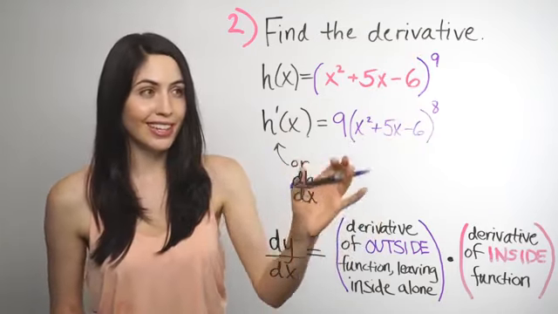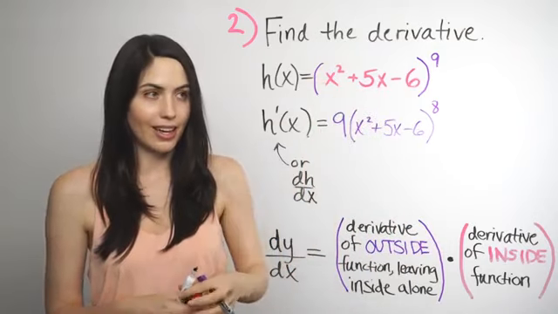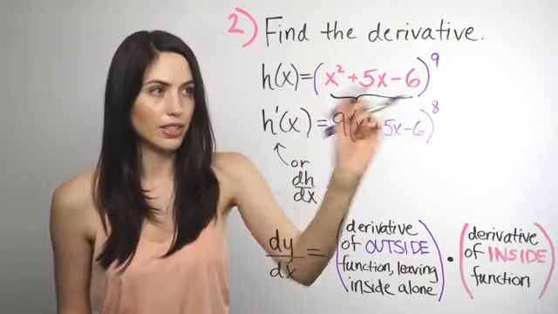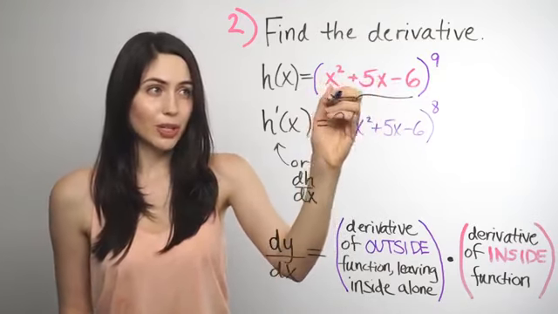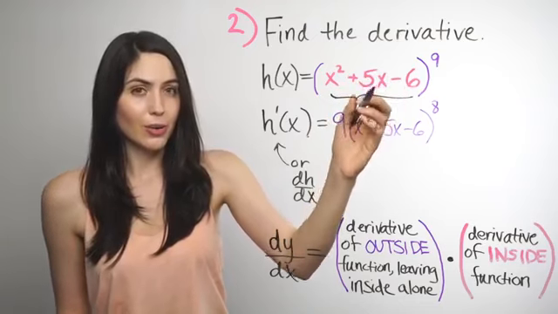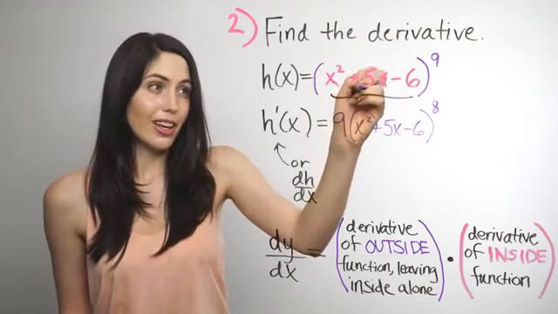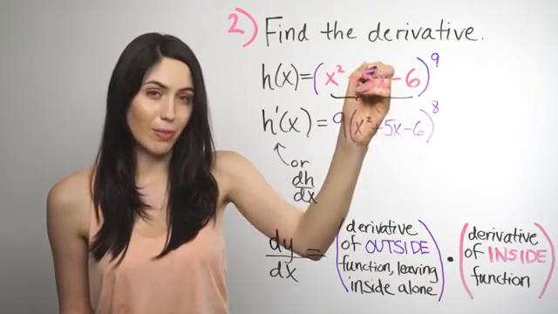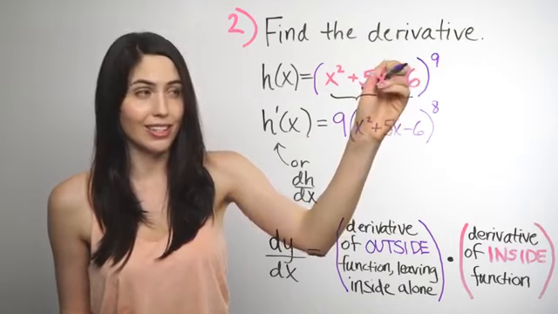Remember, you are not done. Also need to multiply by the derivative of what is inside of just that. You'll use the power rule for this. The derivative of x squared plus 5x minus 6 will be 2x from this part plus a 5 from this term and nothing from the constant that contributes nothing to the inside derivative.